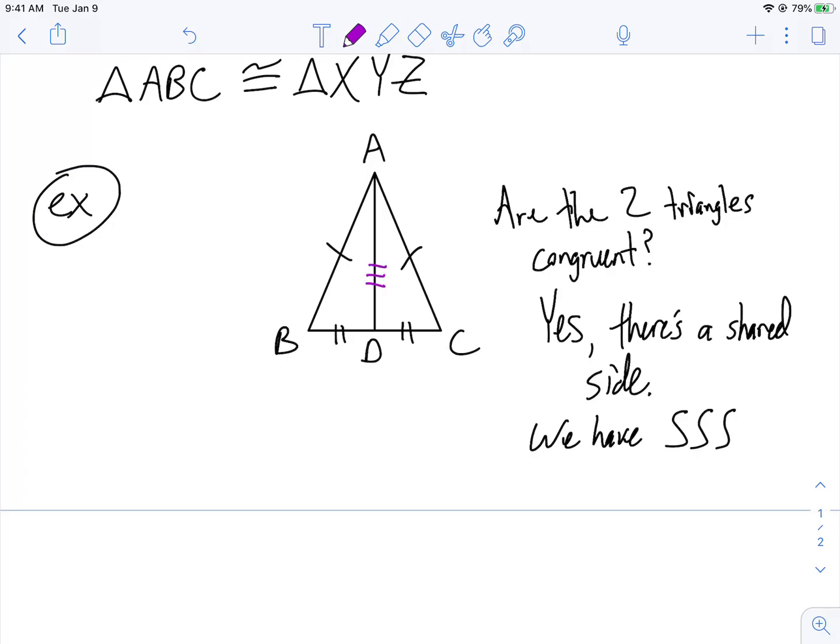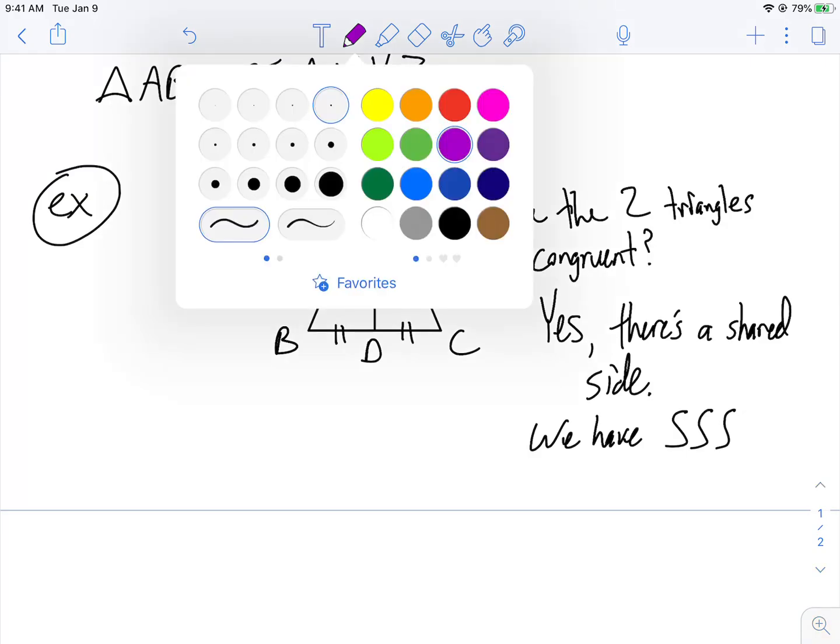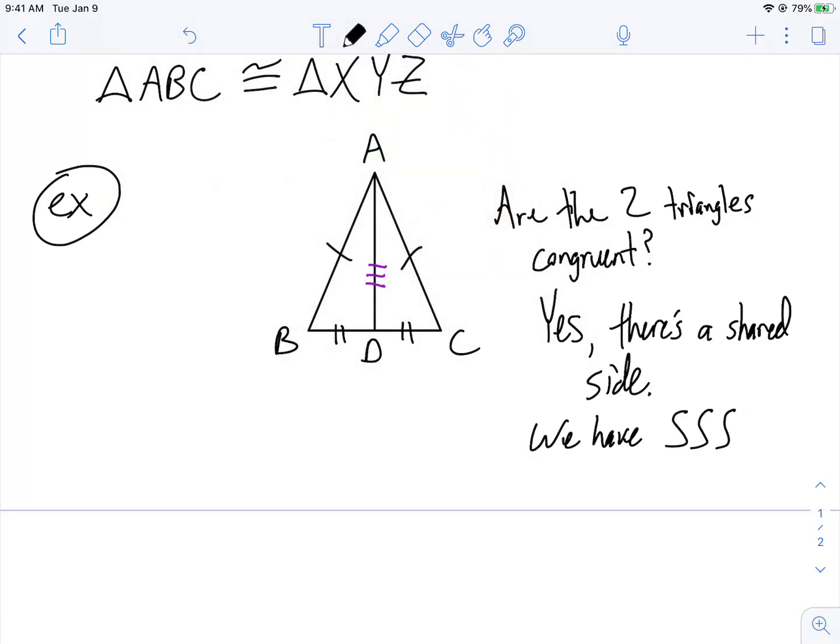These two sides, if we separated these two triangles, that distance from A to D on both of the triangles is exactly the same. It's a shared side. So I've got these two triangles. I've got ABD triangle. That looks like an A. Triangle ABD.